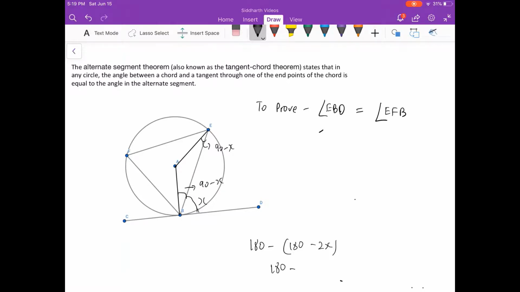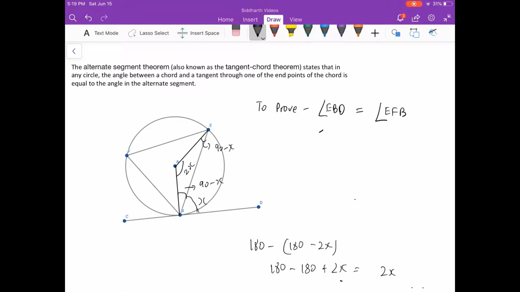Rewriting this, we get 2x. So, angle EAB is equal to 2x degrees. And now look at angle EAB. It is the angle subtended at the center, and the angle we want to find, EFB, is the angle at the circumference.